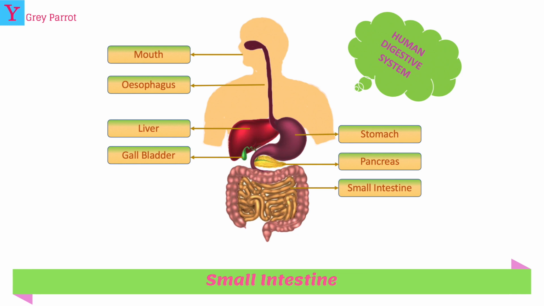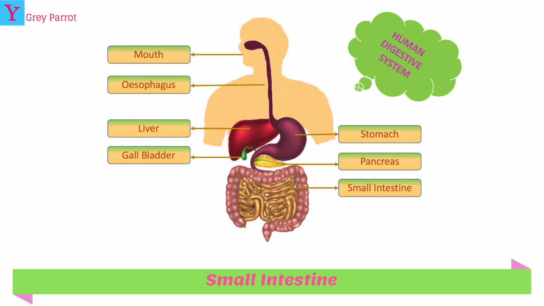Food remains in the small intestine for about 3 to 5 hours. Enzymes in our small intestine break down food into carbohydrates, fats, and proteins, and then send it to our blood vessels.